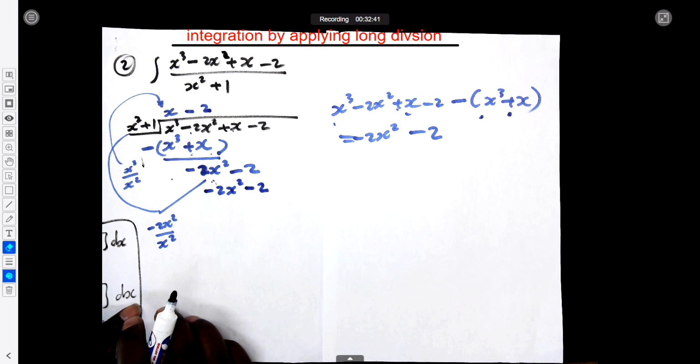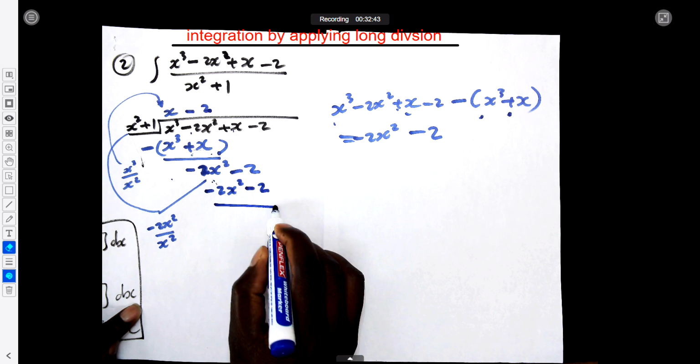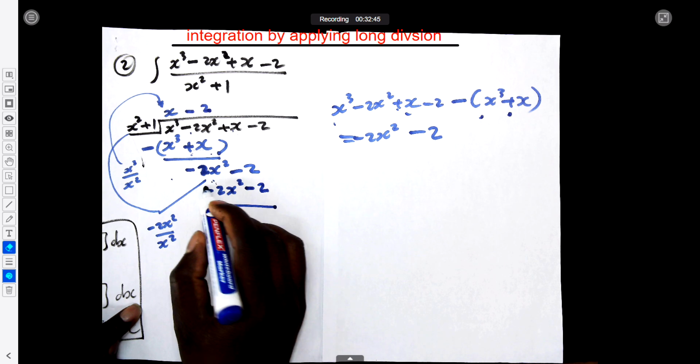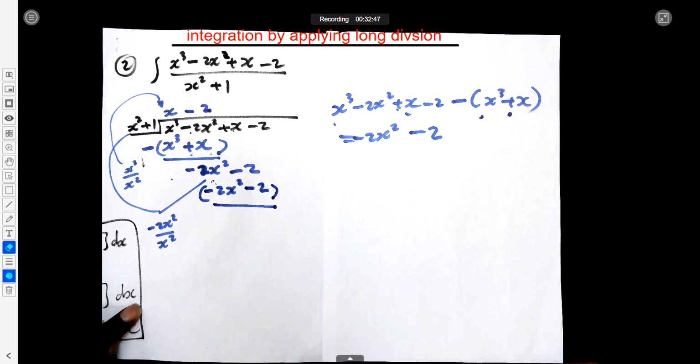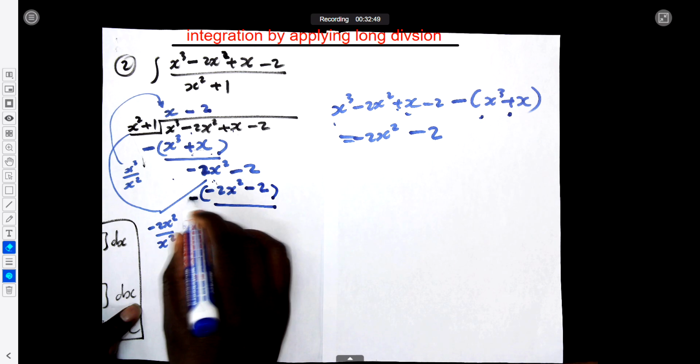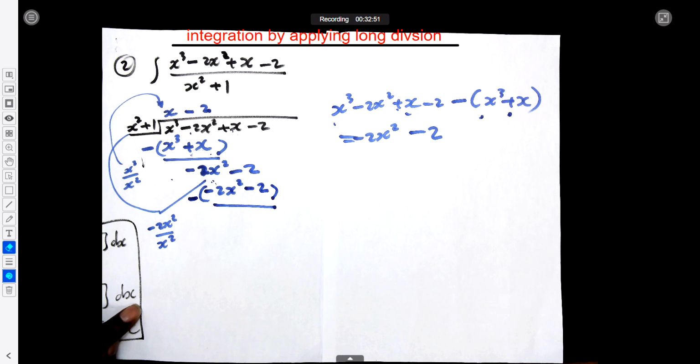So please pay attention to this. The remainder, you must say we want to subtract this expression now from the top one. We subtract, so we're putting a negative sign by ourselves. Let me put it in black to show that we are subtracting.